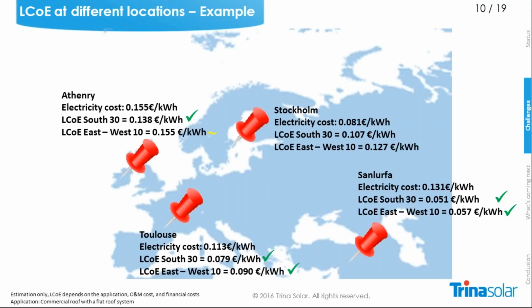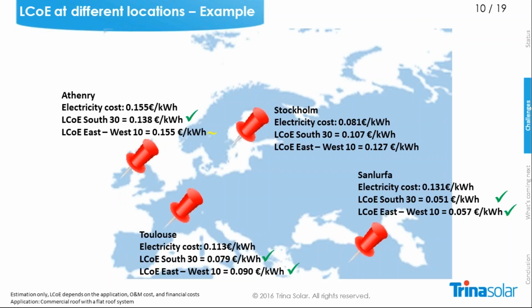Now I want to show you the examples where we have already achieved this. Here you can see in Ireland we are quite good. With the south-facing system we already did it, with east-west it's on a similar level. In Stockholm, due to the extremely low electricity costs, we are above the industrial level, but we have already achieved the household level.